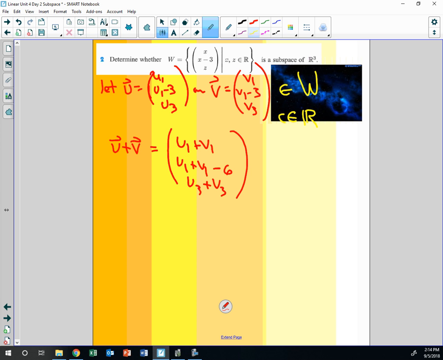Is that a match for X? And is U3 plus V3 a match for Z? Is U1 plus V1 a match for X? Yep. Is negative 6 a match for negative 3?